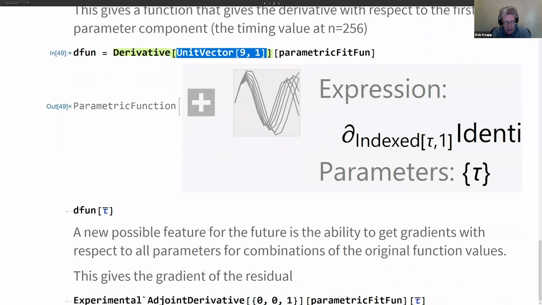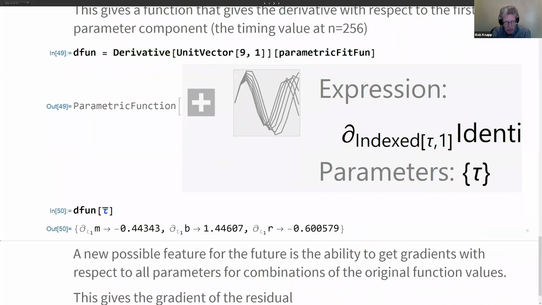And we can find the derivative. Basically this says that if I were to change the first component, the slope changes by that times delta the first component, and the residual actually decreases as the first component increases, which makes sense.